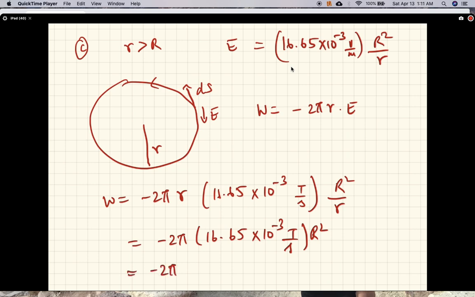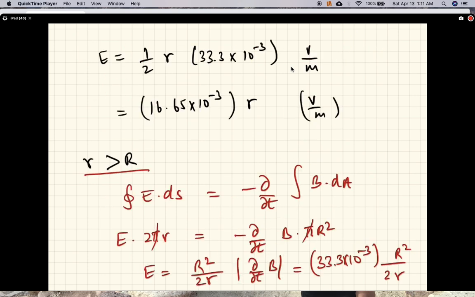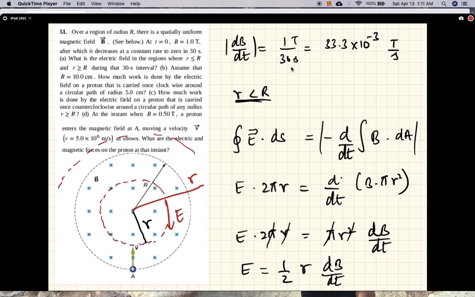Negative 2 point, and R is 10 centimeters.